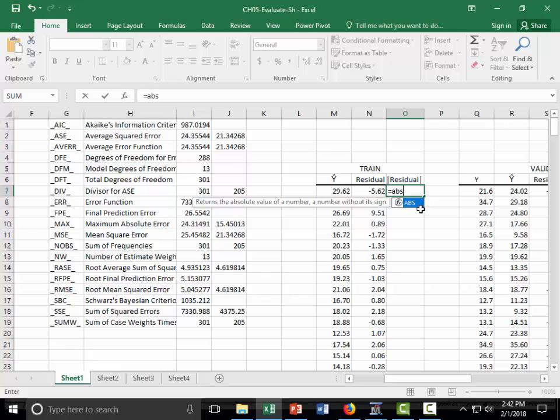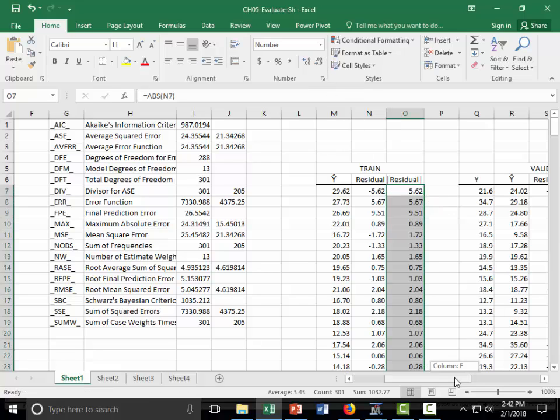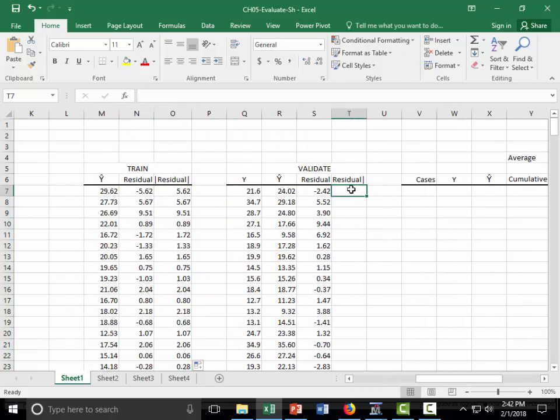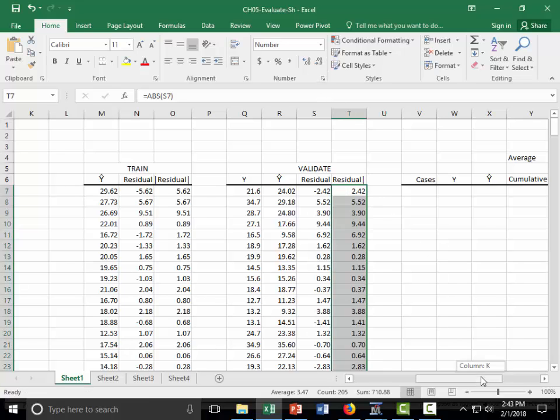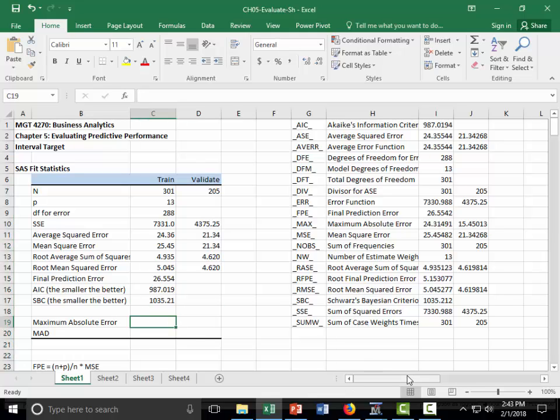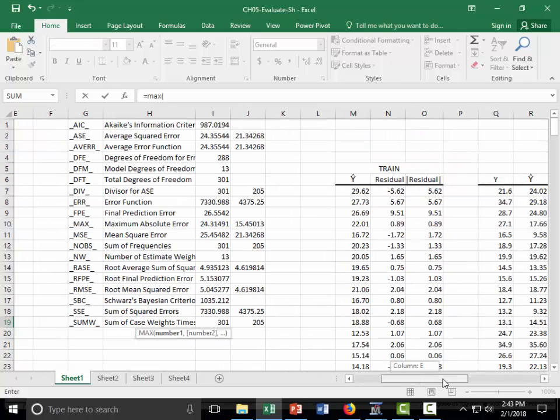You have to compute the absolute value of the residual, and then for the maximum, use max.